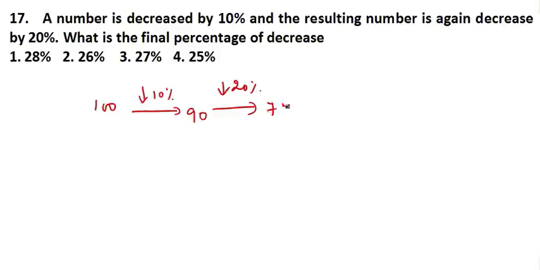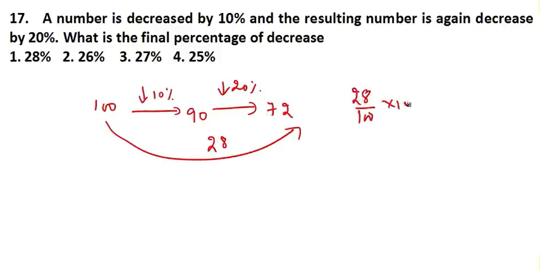You get 72. It is asking what is the final percentage of decrease. So from 100 it became 72. There is a reduction of 28.